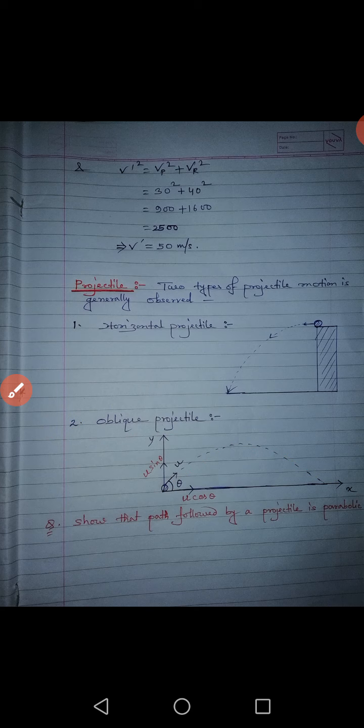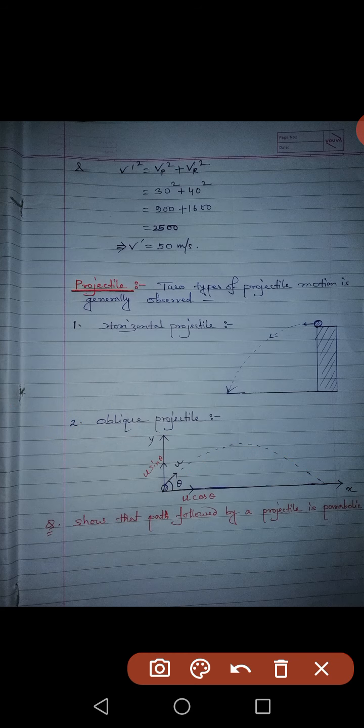Another thing I would like to mention is that when the speed of the projectile is u, which is oblique, oblique means it makes some acute angle with the horizontal direction. How much is that? Theta.